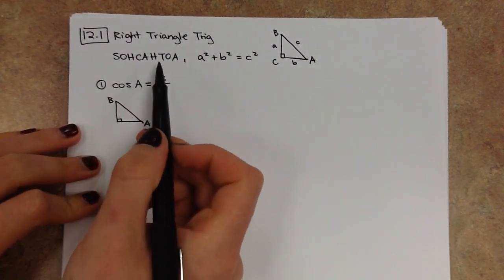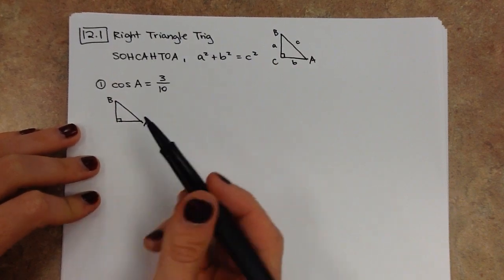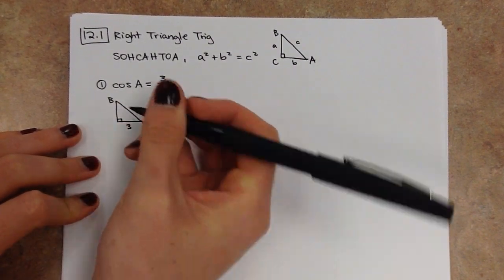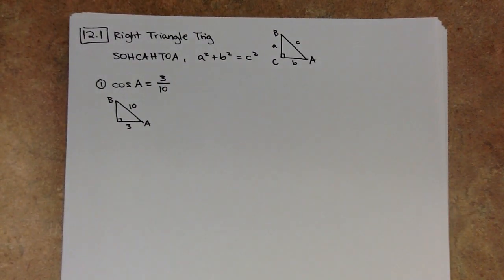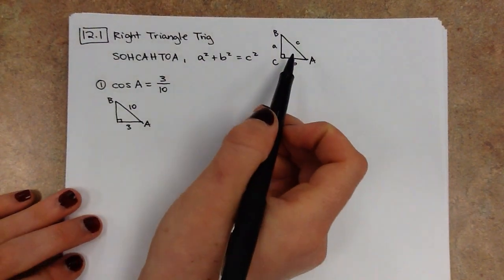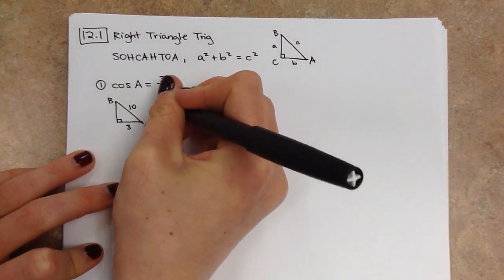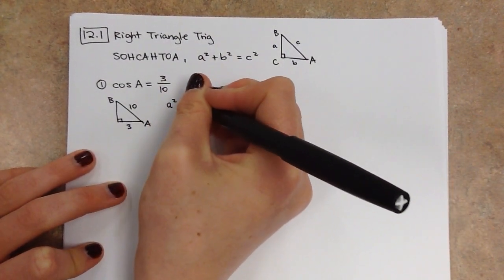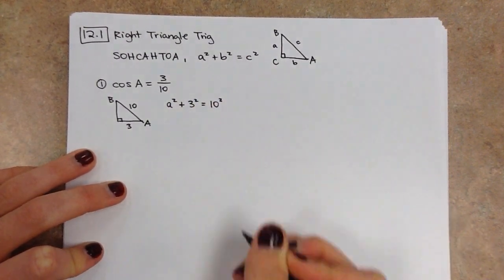So cosine. Cosine is adjacent over hypotenuse. That means the adjacent side is 3 and the hypotenuse is 10. Obviously, you can assume that this is not drawn to scale. So you use the Pythagorean Theorem to find the missing side. A squared, which we don't know, plus 3 squared equals 10 squared.